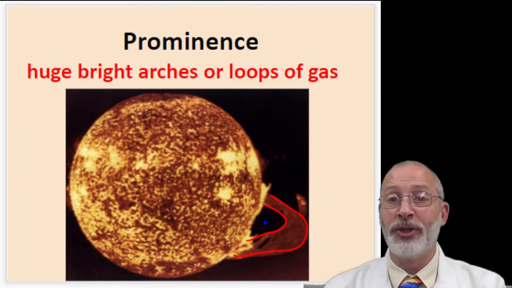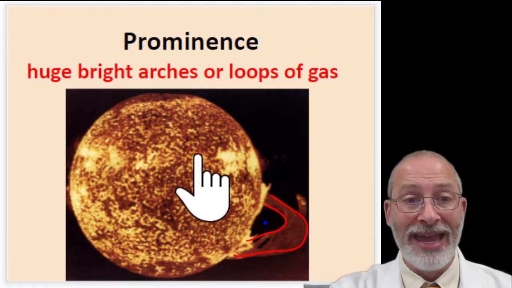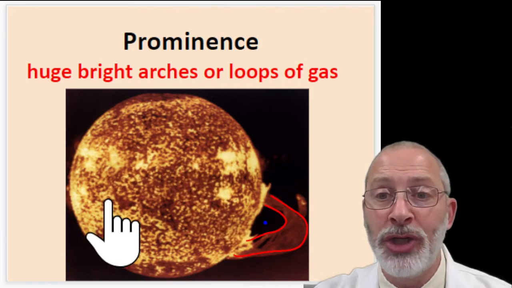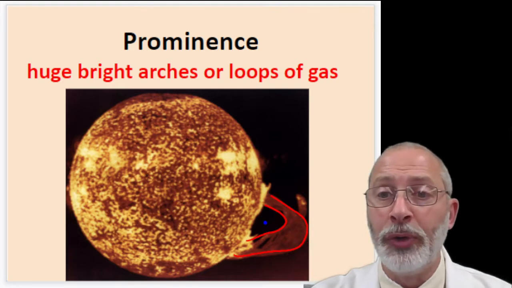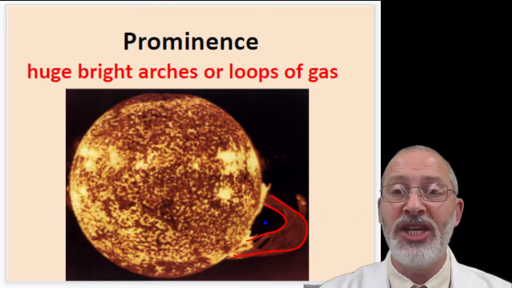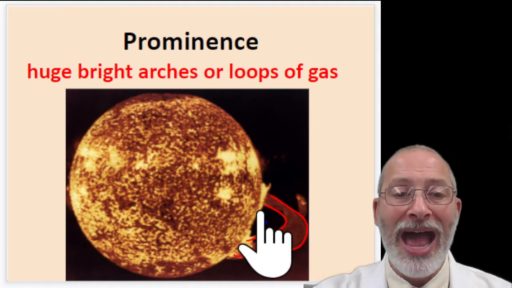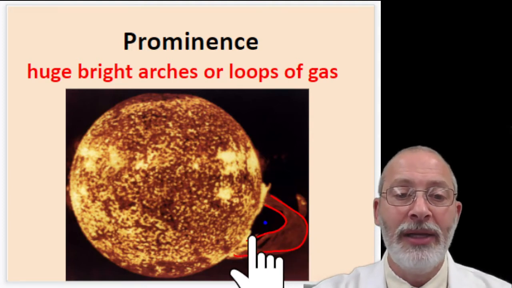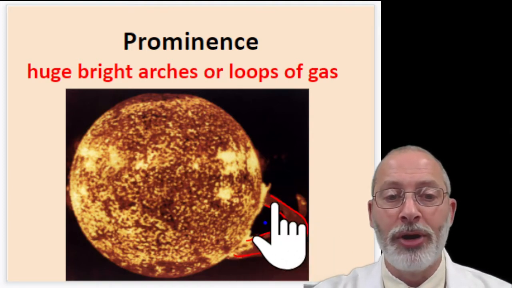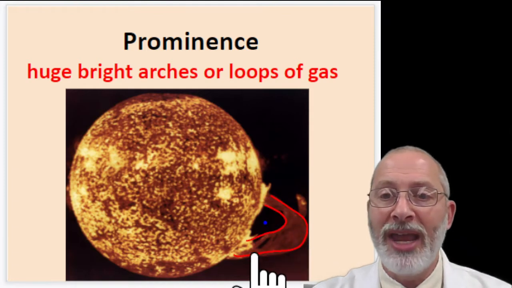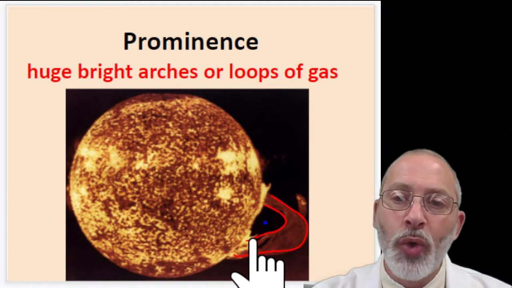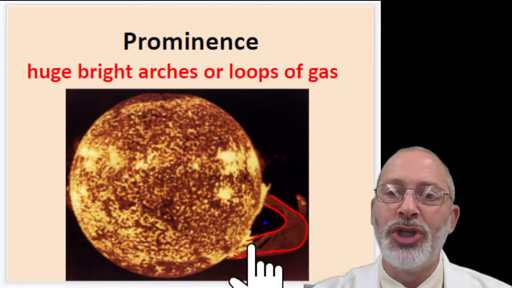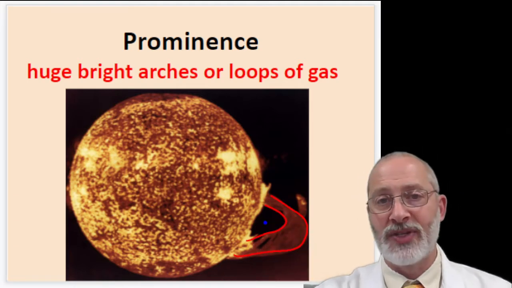Let me put this into perspective for you. Again, this is an actual image of the sun, and depending upon the lighting in the room, you may or may not be able to see the prominence. So I actually outlined it in a red marker here. So these red lines indicate the bright arch or loop of gas which is being thrown out from the sun.